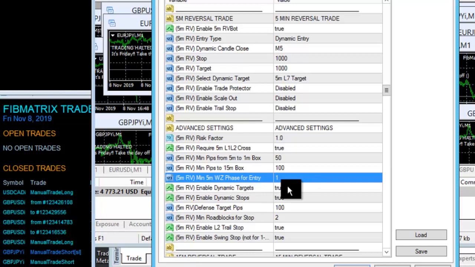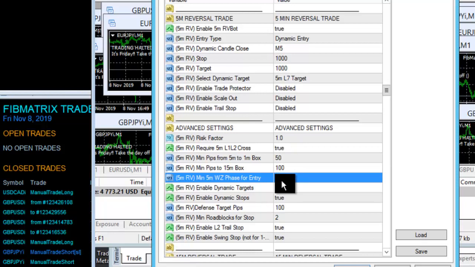I explained last time that the reason you want that is because when you get the L1 L2 cross and a white zone phase of 1 still at that moment, when you're crossing, the white zone phases are contracting. So it's already had to contract at least once, probably 2 or 3 times to get this L1, L2 to cross. And it still needs to have at least a white zone phase of 1.